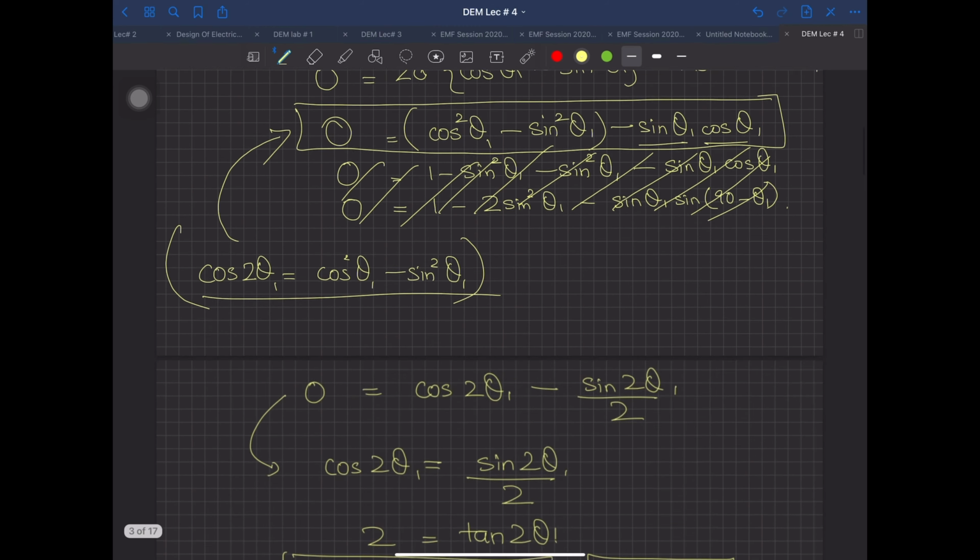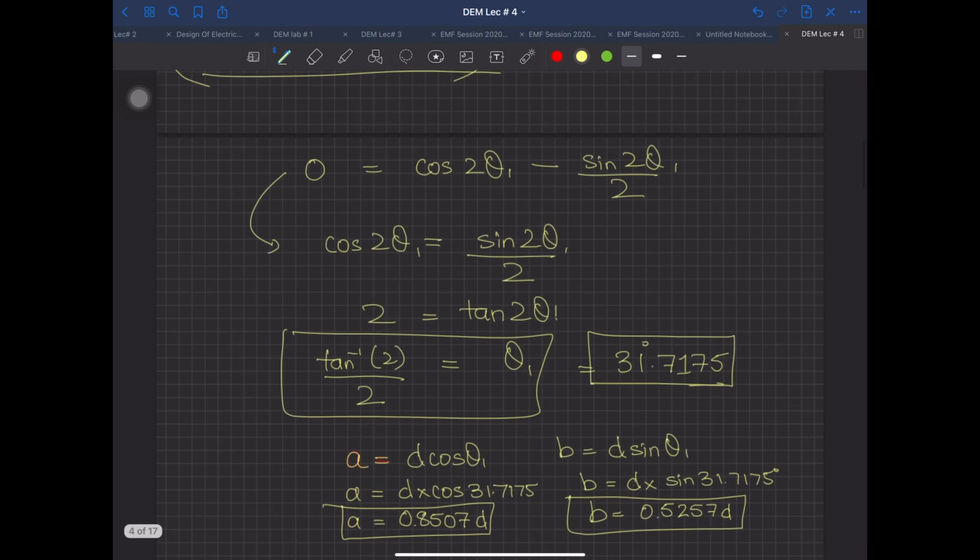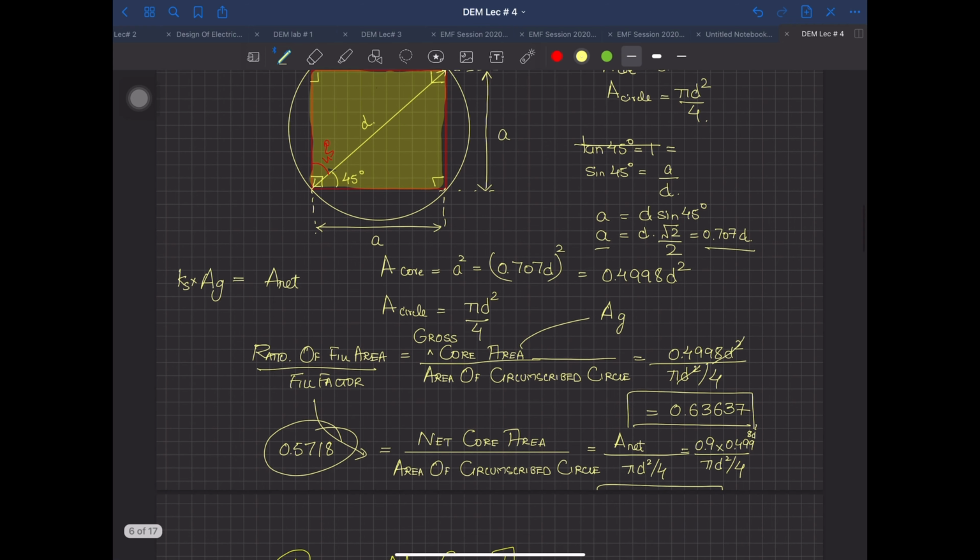Now let me go on to the single step core. अभी हमने पीछे किया था single step core. What was that?